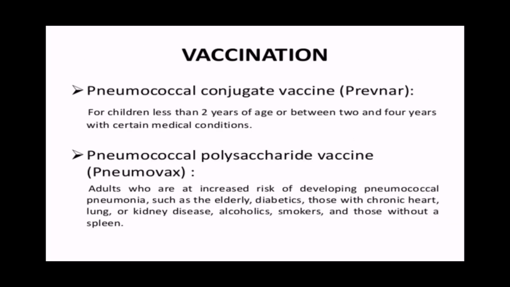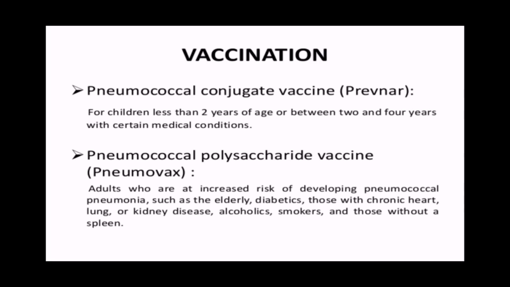Vaccinations are used to prevent pneumonial infections. Pneumococcal conjugate vaccines, Prevnar, are for children less than 2 years of age, or between 2 and 4 years with certain medical conditions.